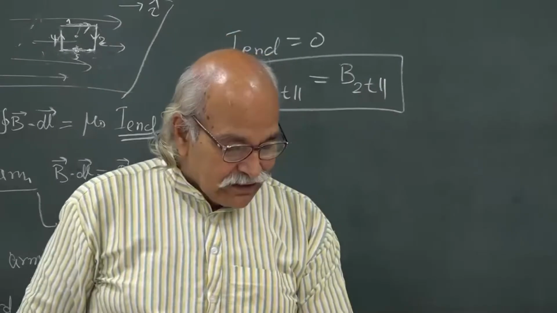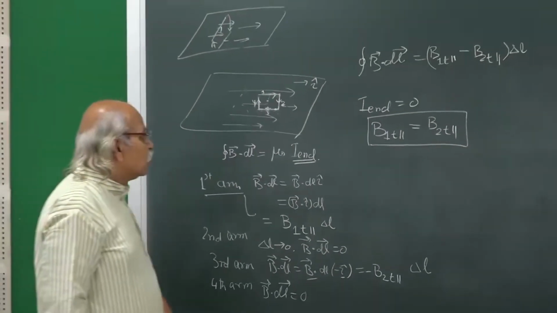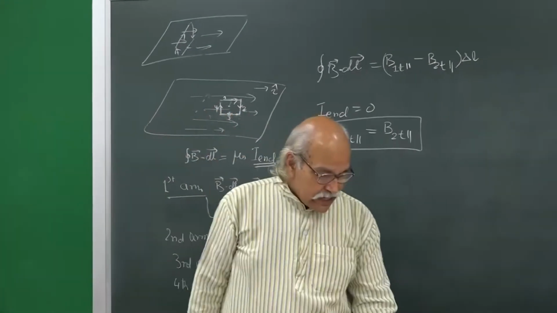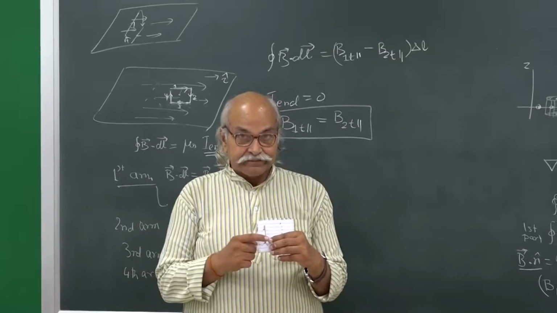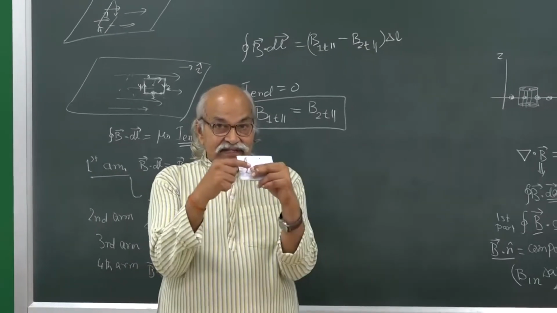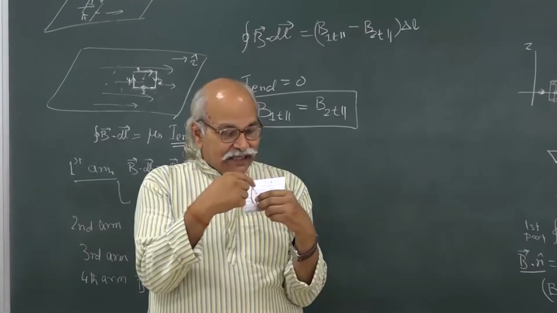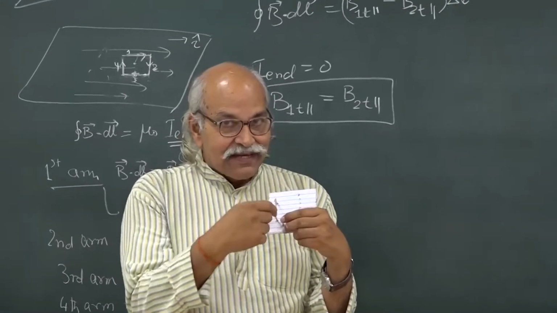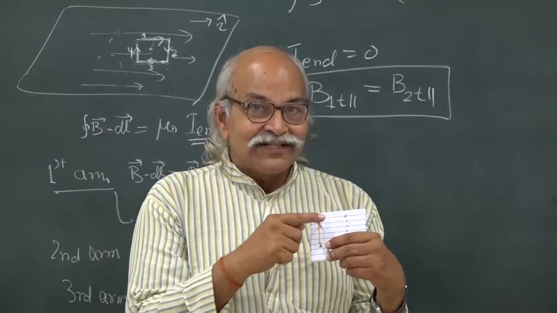So, that is the situation here, and once again you do all this analysis, and you do this B dot dl here. The dl vector is now in this direction. So, if this is x and this is z, then what is this direction?